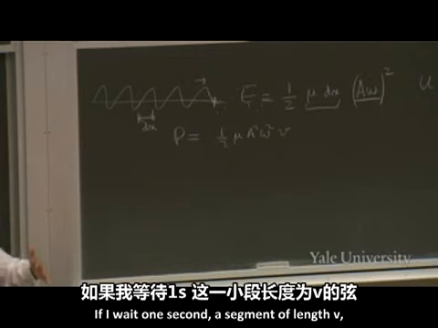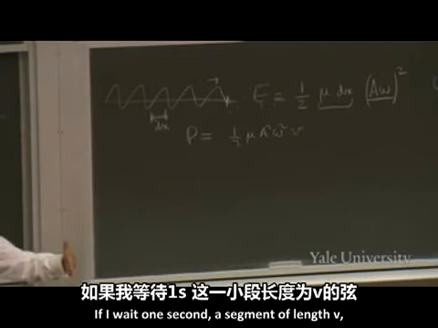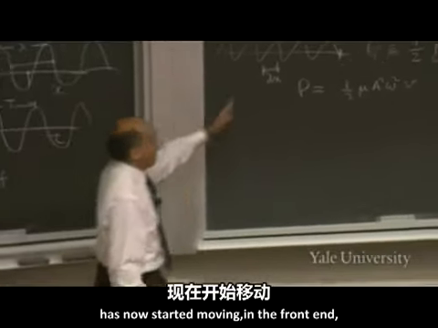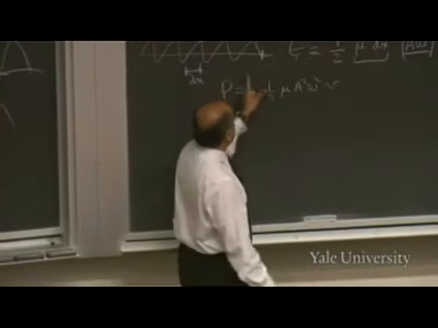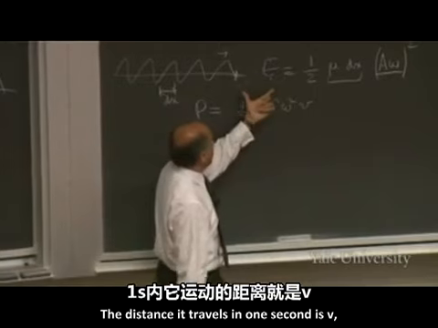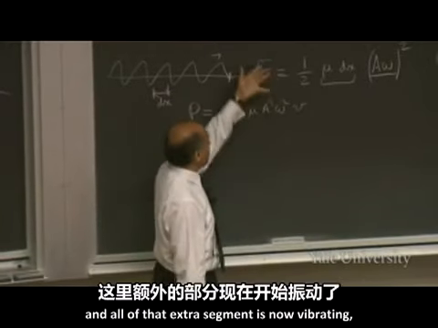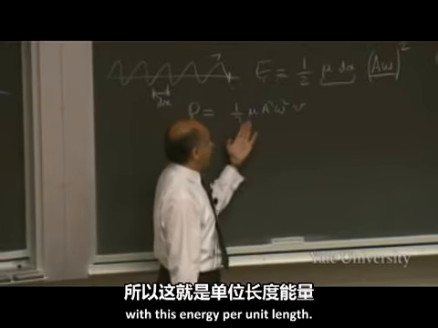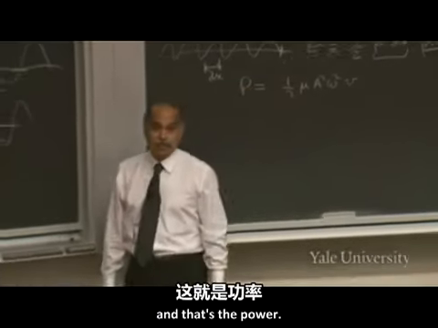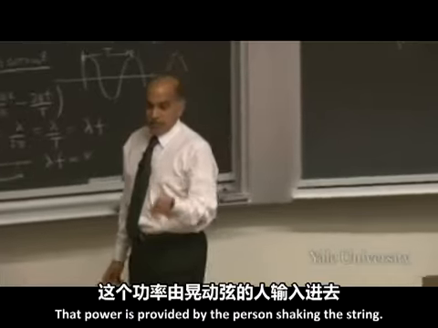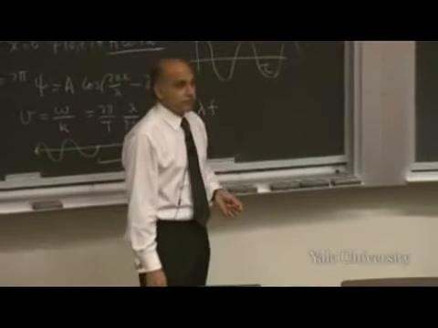If I wait 1 second, a segment of length v has now started moving in the front end, because the wave is being produced by me and sent out into the medium. The distance it travels in 1 second is v. And all of that extra segment is now vibrating with this energy per unit length. So this is the extra energy per second I have to give, and that's the power. That power is provided by the person shaking the string.